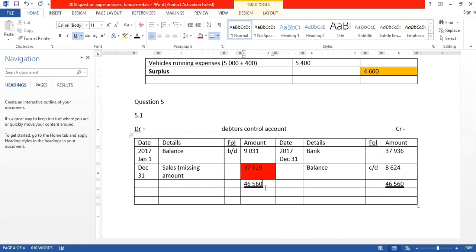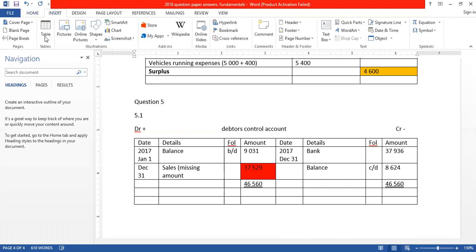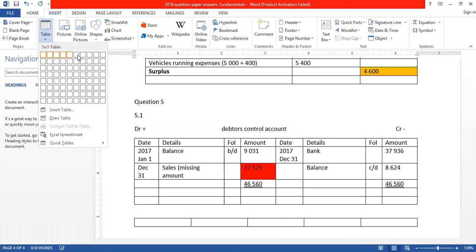Now that you're done with the sales amount, we move on to finding our purchases amount. And we said that to find our purchases amount, you draw up a creditors control account. Credit purchases has to do with creditors. The business goes out and buys stock, and when you buy stock, it's referred to as purchases.